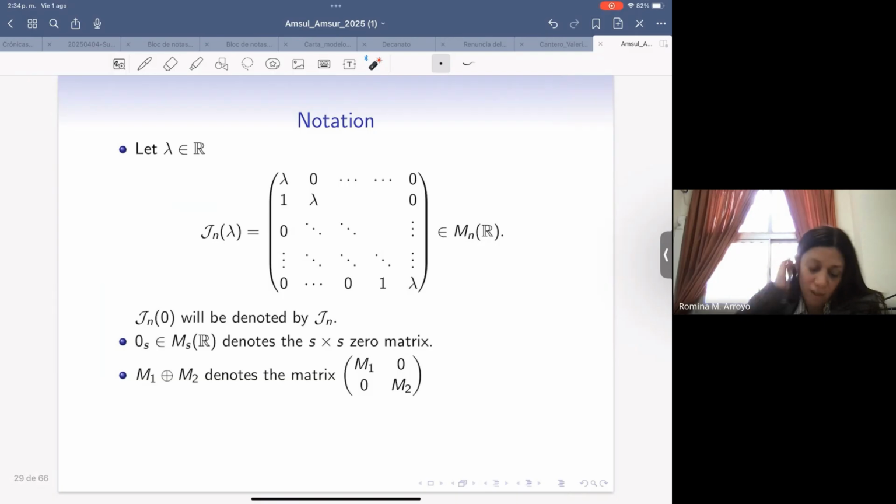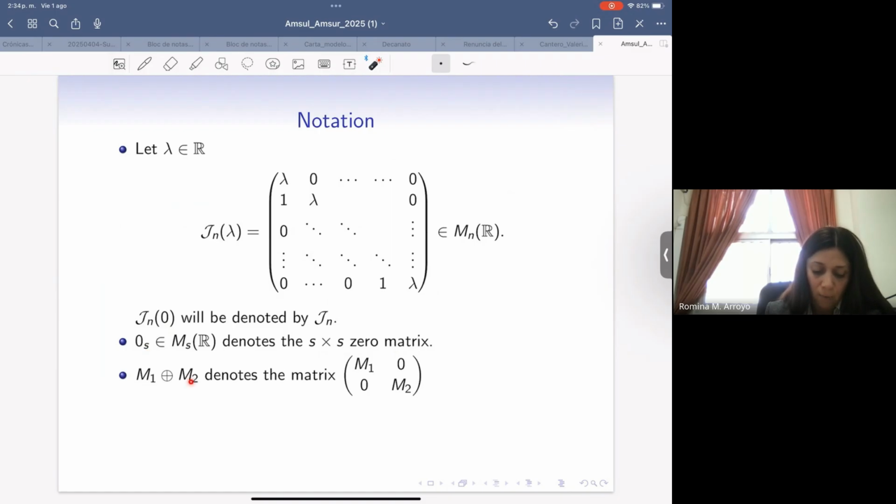And this is the notation that I am going to use. I am going to denote by J_n(lambda) a Jordan normal block like this with eigenvalue lambda. And when lambda is 0, I am going to denote it just J_n. For matrices which are 0, we are going to denote it like this, where s is the size of the matrix.